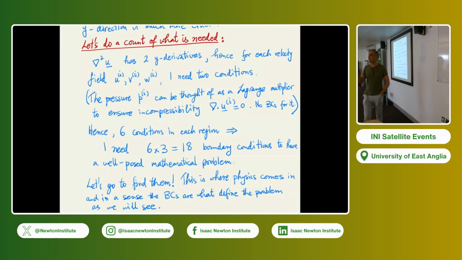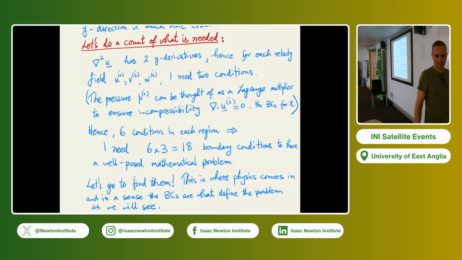So in the y direction, I need 2 boundary conditions for each velocity field. Okay? Because I have boundary conditions in y. So the second order in y. So I need 2 in each region, and therefore I have 6 conditions. Right? I need 6 conditions in each region, and there are 3 regions, so I need 18 conditions. So I need to come up with 18 boundary conditions to solve this problem.